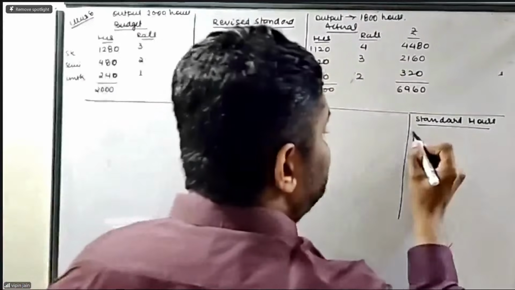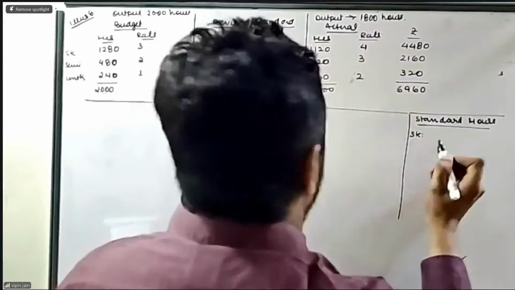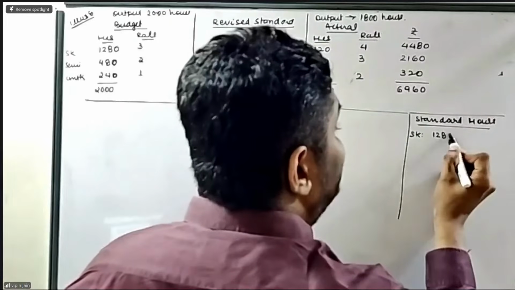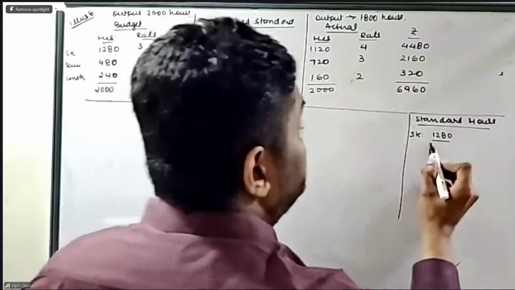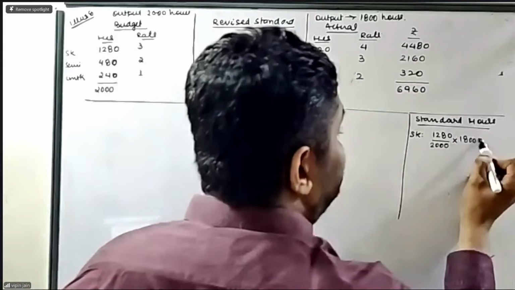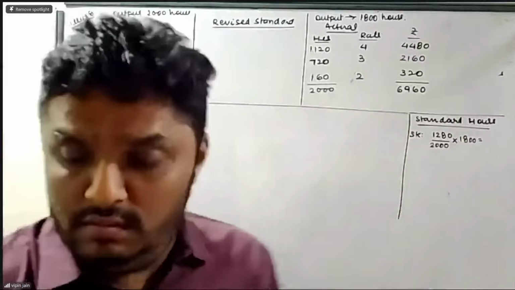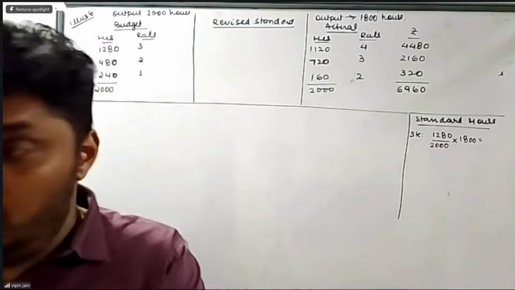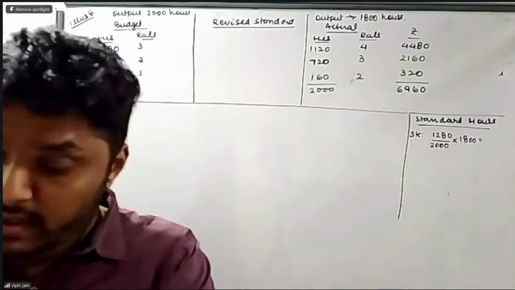So let's calculate standard hours for skilled. So 1280 for how many hours? 2000 hours. So for 1800 hours, how many hours should we have worked? Sir, 1152. Okay.